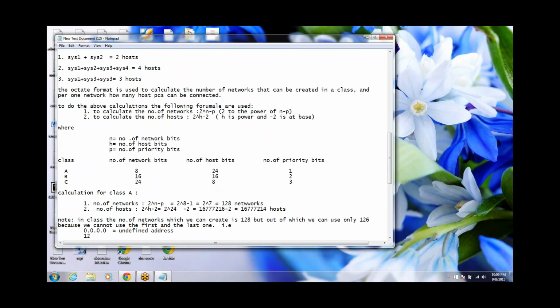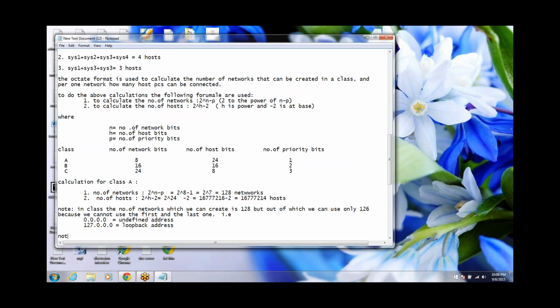The second is 127.0.0.0, which is called the loopback address. So we cannot use the first and the last address.